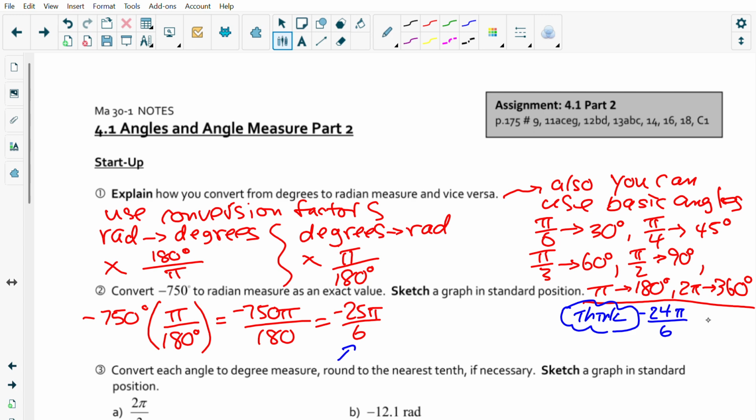Negative 24 pi over 6 is the same as negative 4 pi. That's 2 full rotations clockwise. But then I need pi over 6 more because I'm going to negative 25 pi over 6.